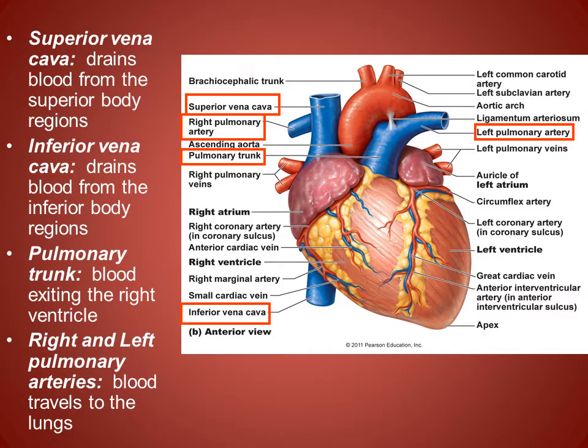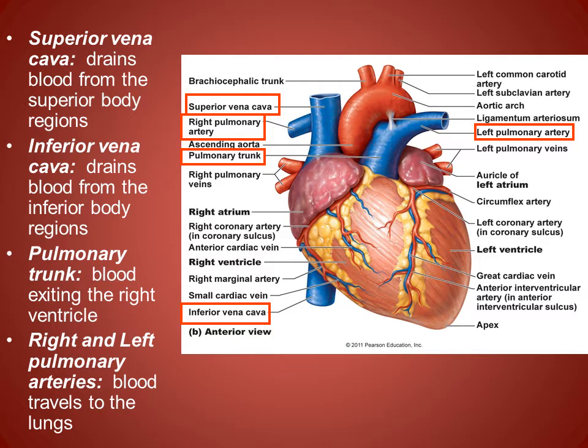We'll now look at the larger blood vessels. We'll start with the superior vena cava. It is draining blood from the upper regions of the body, the brain, the neck, the upper arms, etc., and the thoracic area, draining it into the right atrium. The inferior vena cava is coming up from the lower portion of the body.